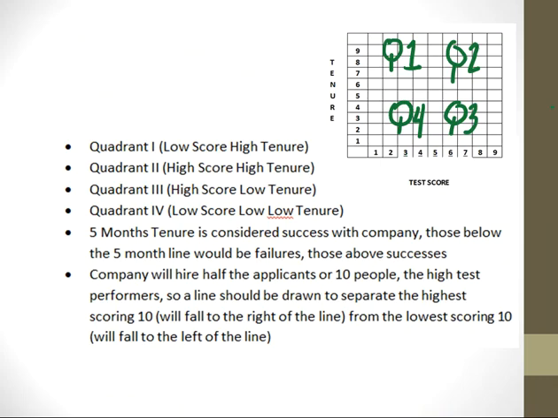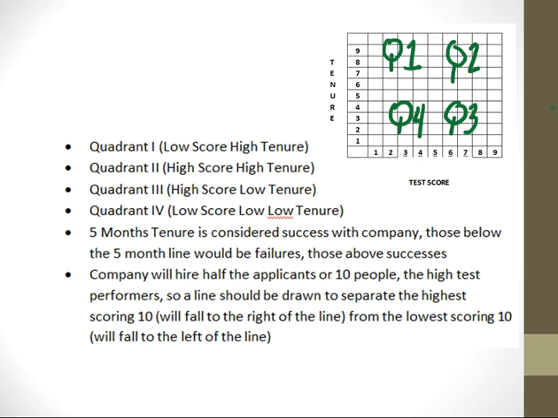So if we look at this, the quadrants are going to be 1, 2, 3, 4 as we have listed here. Quadrant 1, low score, high tenure. Quadrant 2, high score, high tenure. Quadrant 3, high score, low tenure. Quadrant 4, low score, low tenure. Remember, 5 months tenure is considered success with the company.